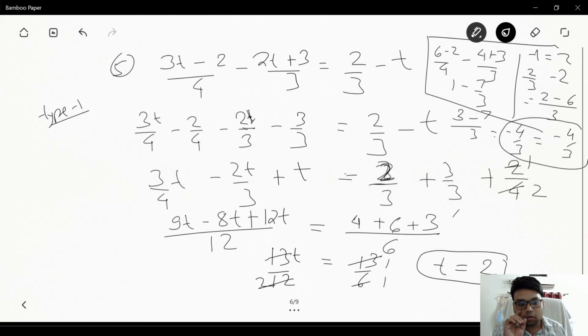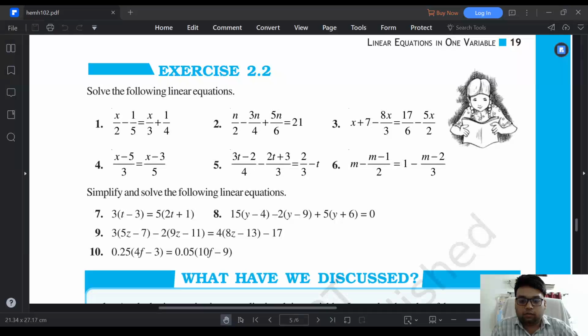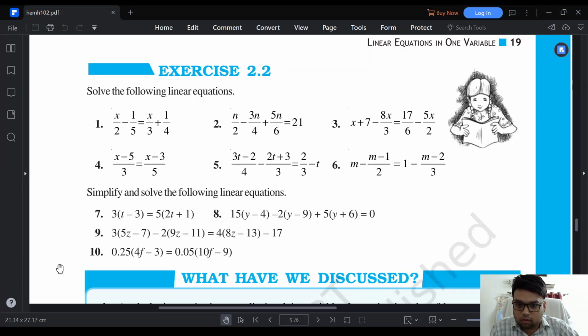So hopefully you all understand what I am trying to teach you. Let's go to one more question. If you did not understand here, then with further questions your understanding will improve. Let's select question number 10.